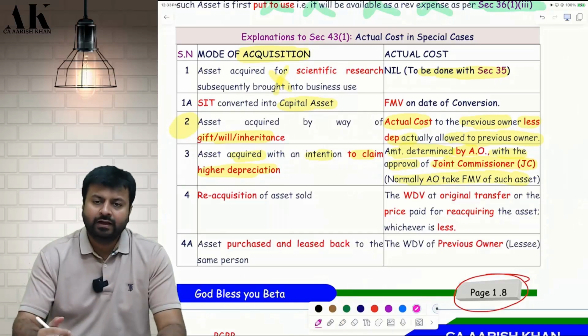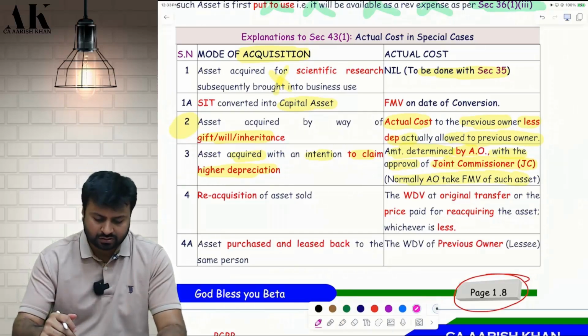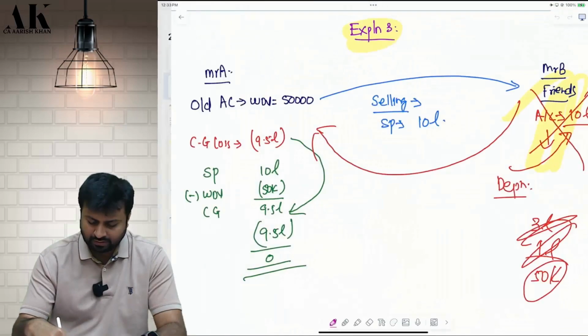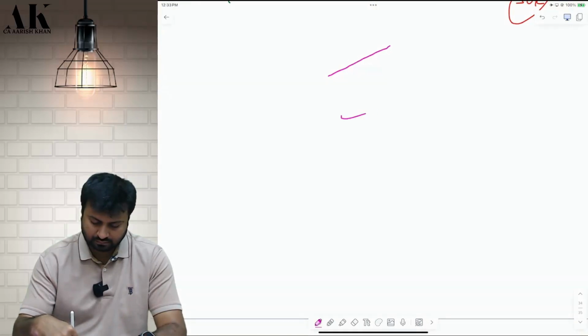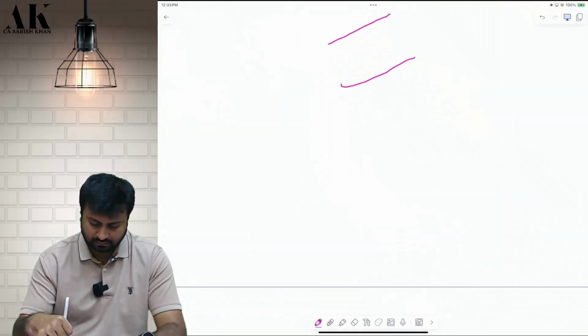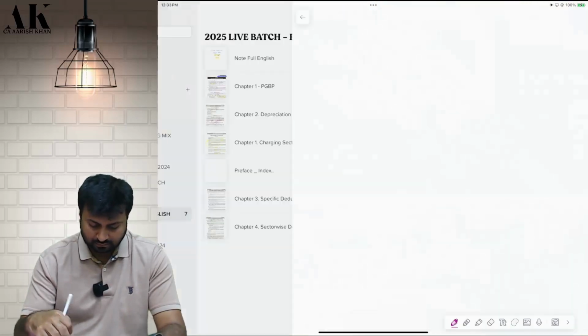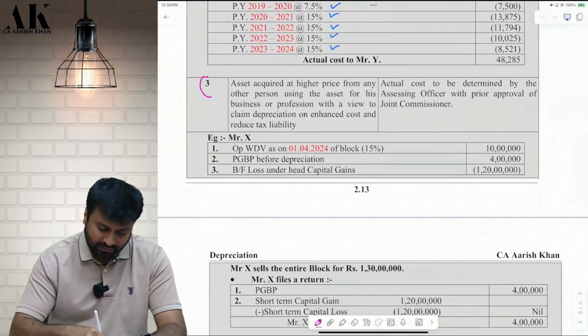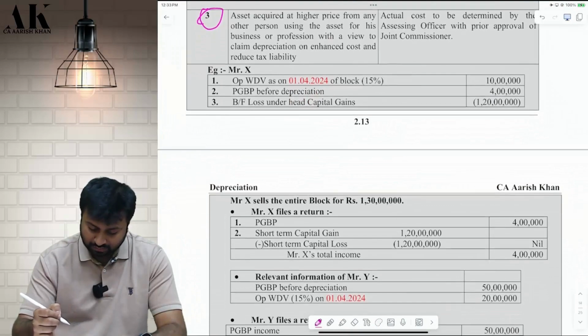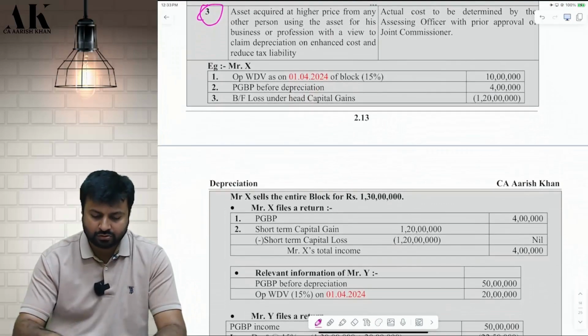The fair market value of the asset as your actual cost. Is it clear to all of you? Please tell me, all of you. So this explanation is there over here, and below this there is an example. You can go through that example. I'm giving you 5 minutes to go through that example.